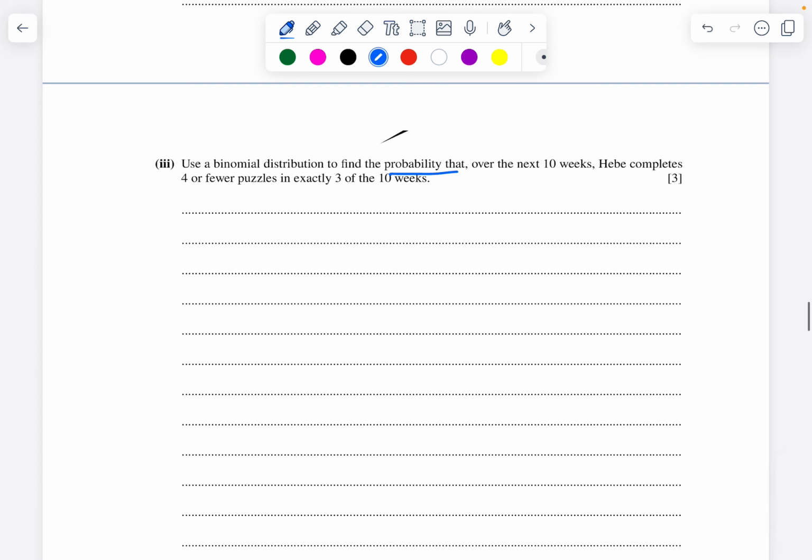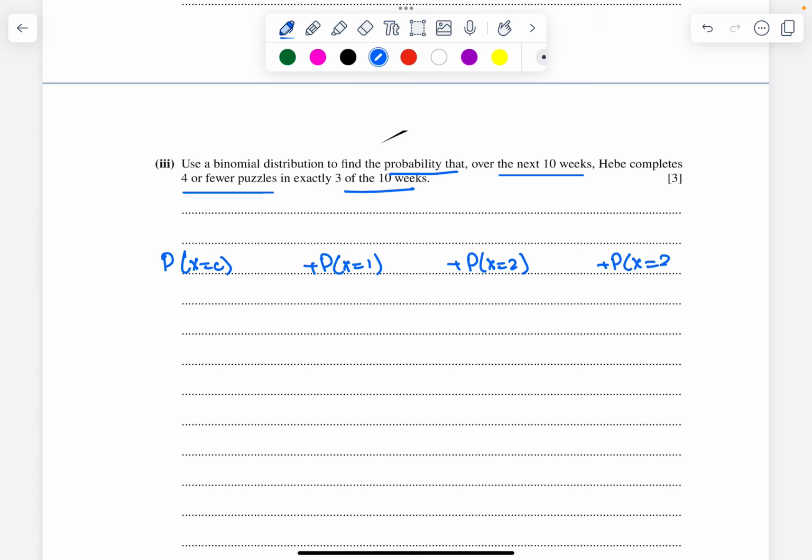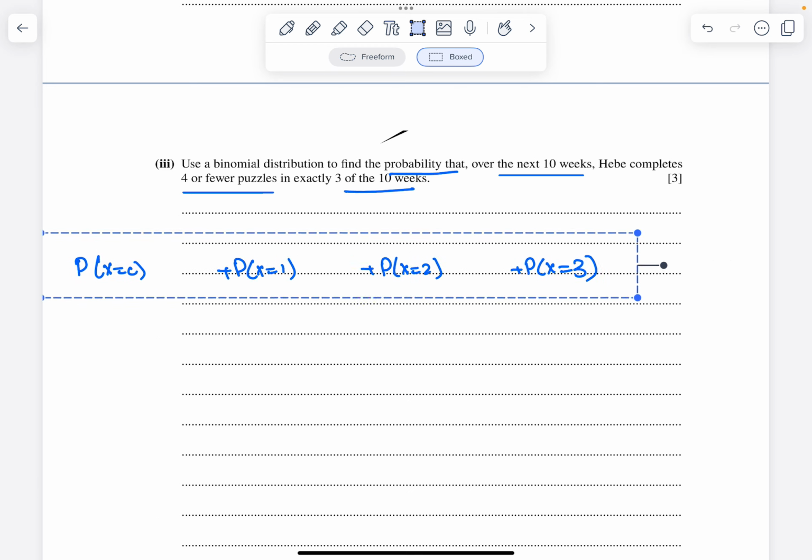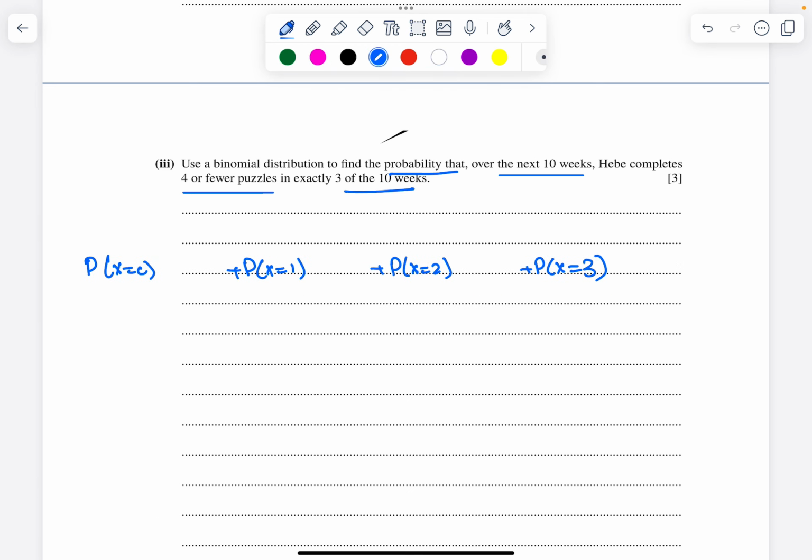Use binomial distribution to find the probability that over the next 10 weeks, Hebe completes 4 or fewer puzzles in exactly 3 out of 10 weeks. 4 or fewer means probability of x equals 0, plus probability of x equals 1, or probability of x equals 2, or probability of x equals 3, or probability of x equals 4.